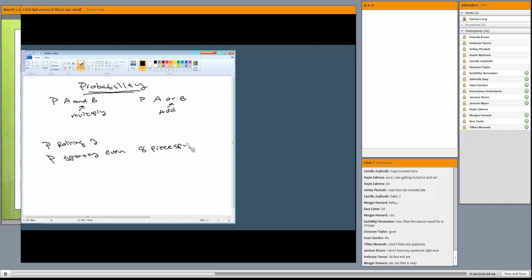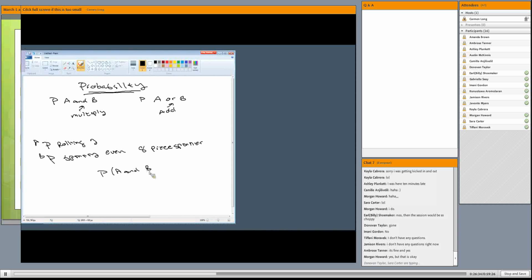What's the probability of doing the first event, event A, and event B? What we're going to do is the probability of event A times the probability of event B.